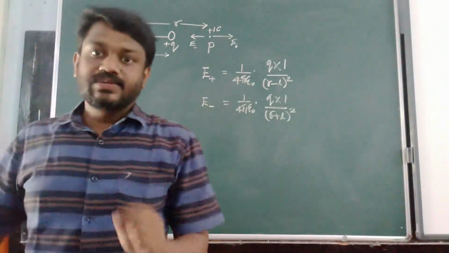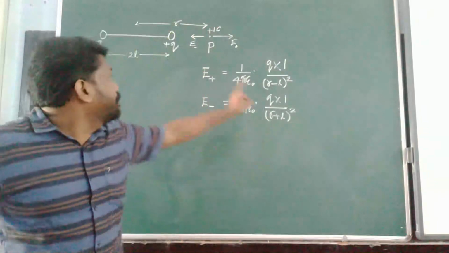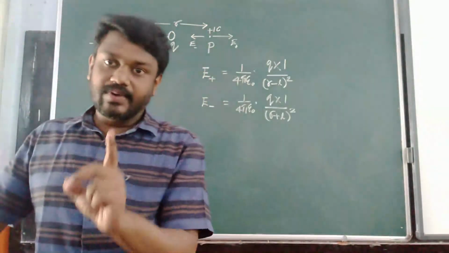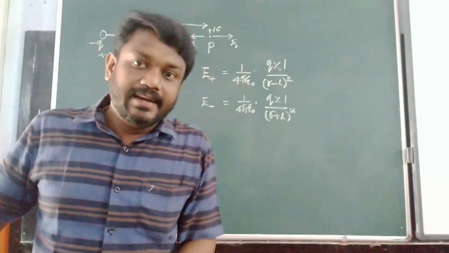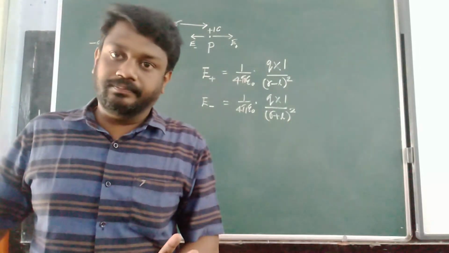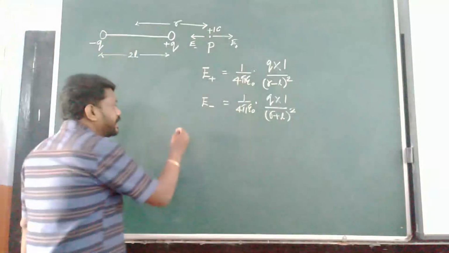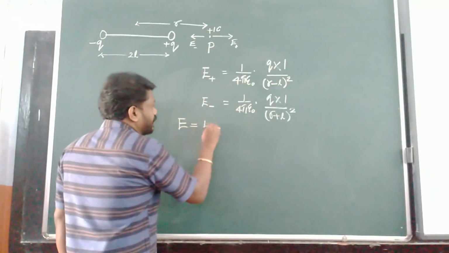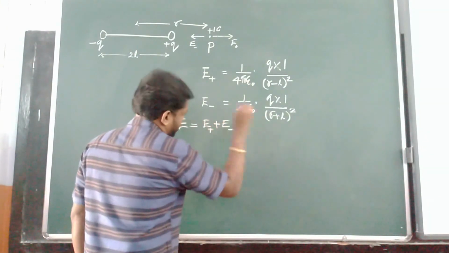Okay. So individually you find E plus and E minus. What is our requirement? What is our need? We have to find out the total electric field at the point P due to plus q and minus q. Therefore, E net, that means total electric field, will be E plus plus E minus.